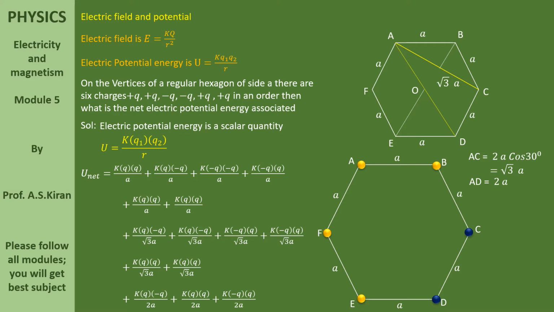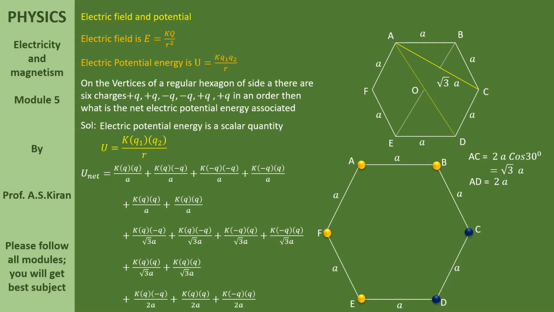Please remember, the question is not completed because we collected only a few pairs. There is some energy associated with A and C, B and D, C and E, like that also. Let us observe that kind of pairs. Now, the next step. The energy associated with AC is KQ minus Q by root 3A.